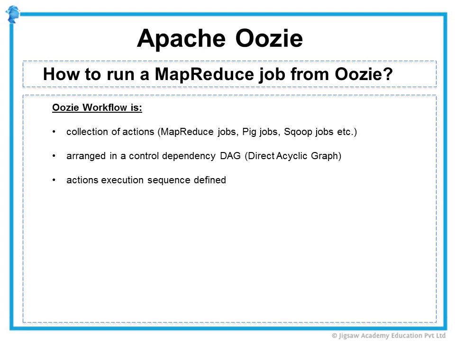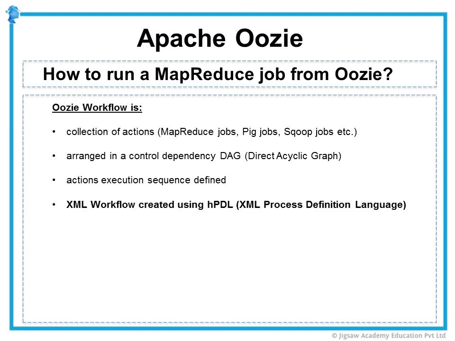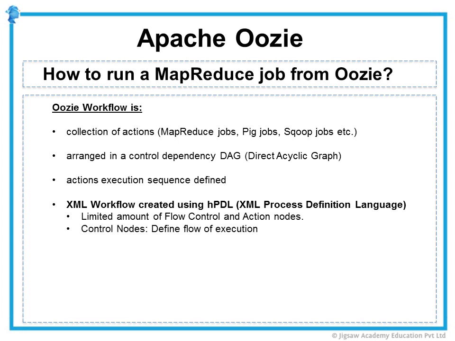The language that we have used so far in specifying the workflow XML is called HPDL, which is an XML process definition language. HPDL is a fairly compact language using a limited amount of flow control and action control nodes, right? So the control nodes define the flow of execution, while the action nodes are the computation and processing tasks themselves.